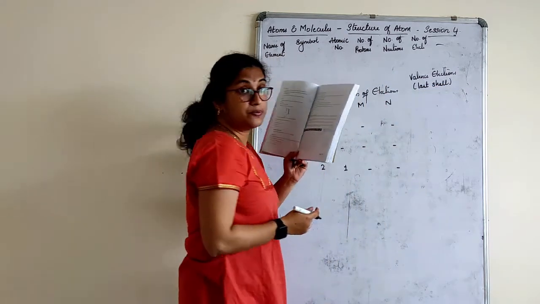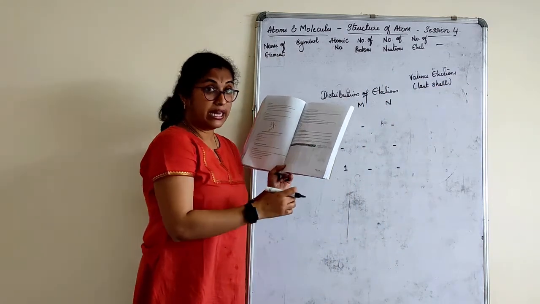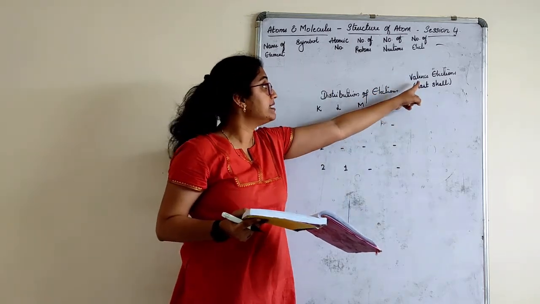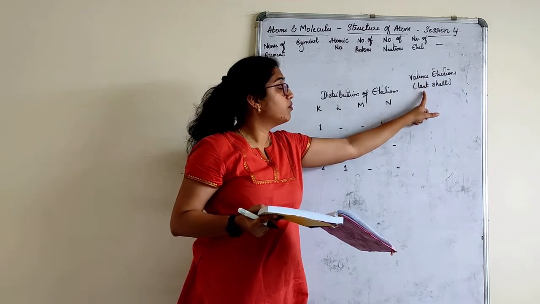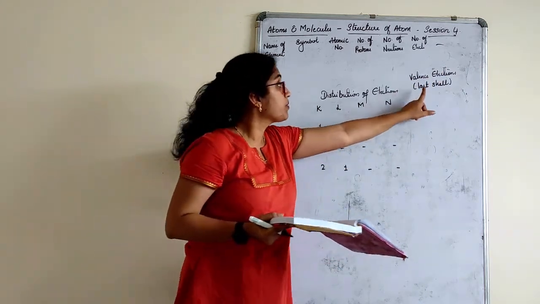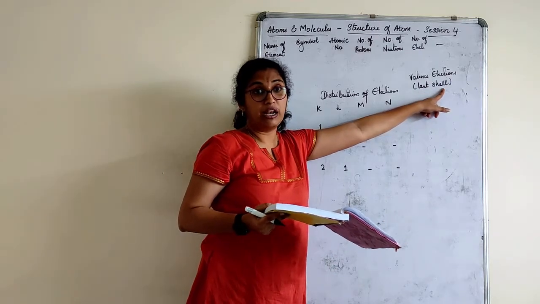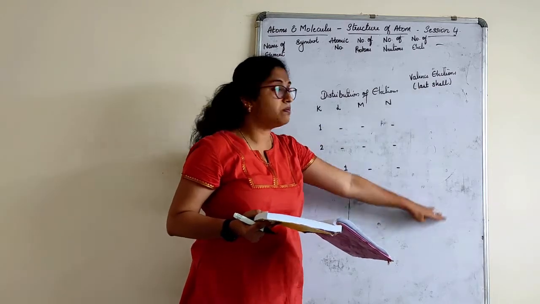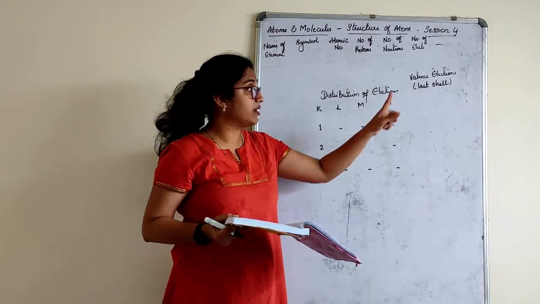Got my point? Please do not write valency. Before valency, you will make one more column as valence electrons. What are valence electrons? We will study that also tomorrow. Last shell, you will write it here. That's all. Nothing else you will fill in this. Keep this blank as it is. I am repeating that. Okay?